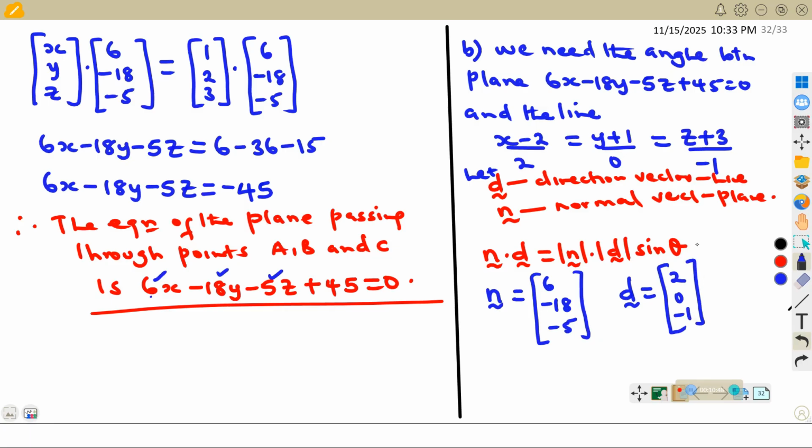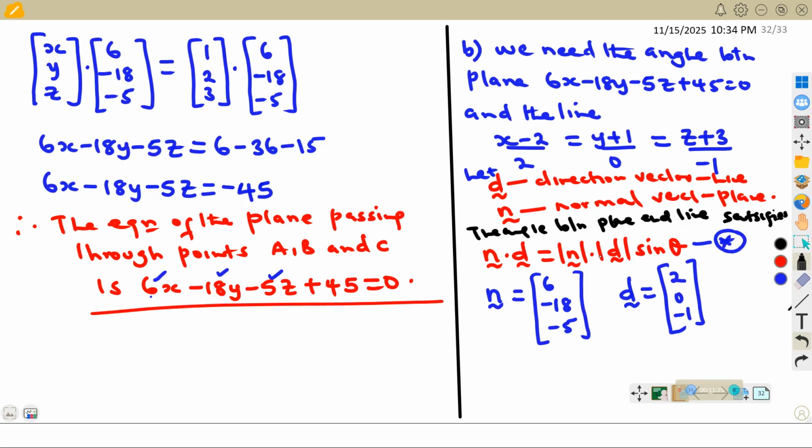We have seen that the angle between the plane and the line satisfies this expression: n dot d is equal to magnitude of n times magnitude of d times sine of theta.